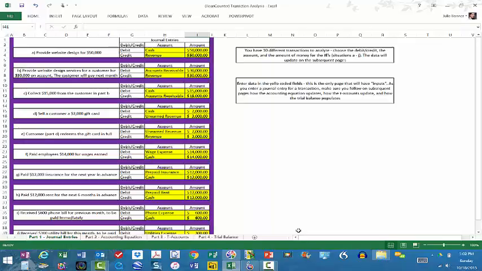As long as you get part 1 correct, then the rest of it will match up. So if you download that worksheet, I highly recommend it so that you can practice these journal entries, making sure that you can see how they flow through to the other tabs. That will help solidify in your mind how this flow of information works from a journal entry to a trial balance.